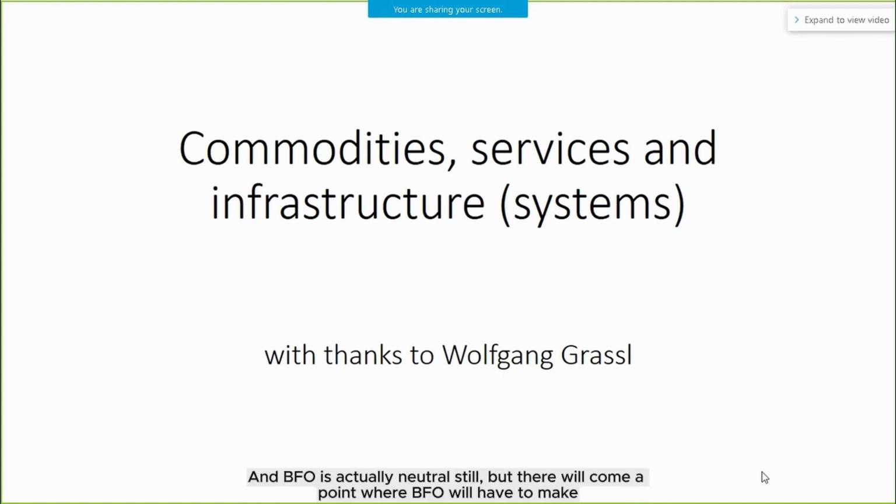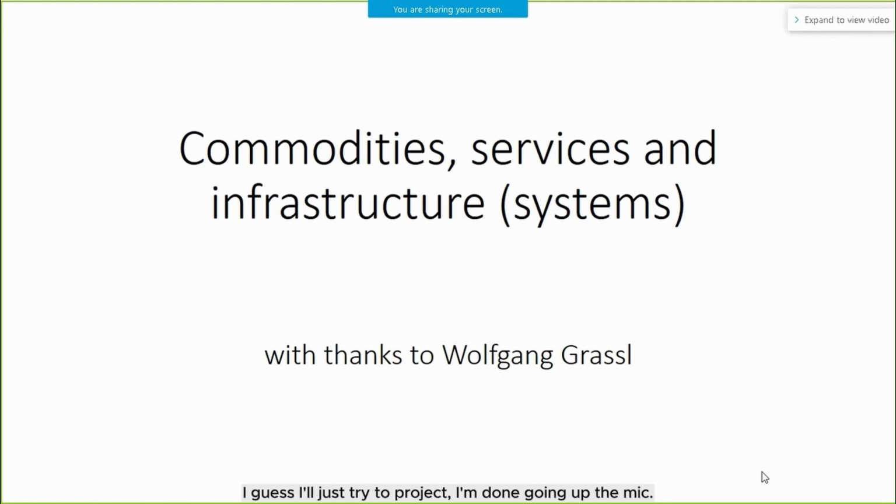And BFO is actually neutral still, but there will come a point where BFO will have to make a decision on this point and determine how to classify systems. I guess I'll just try to project from then going up the mic.